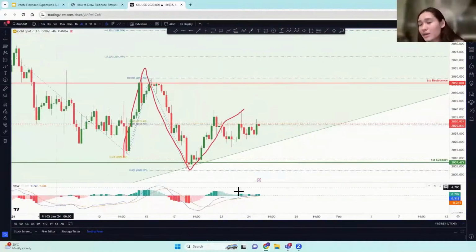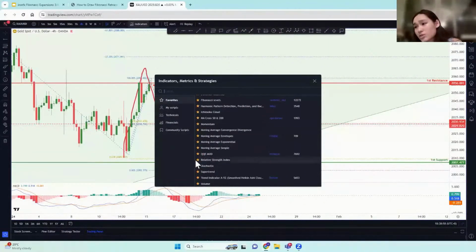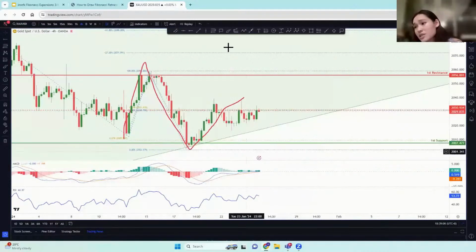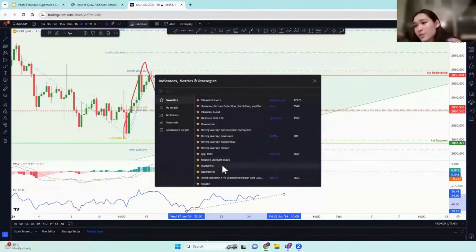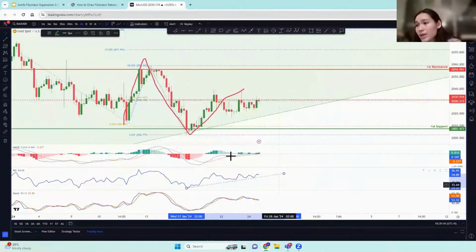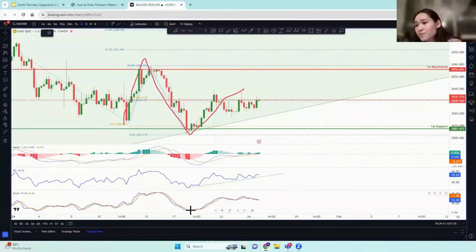And for our MACD, you can see it's giving us a bullish signal. So that's good. And if we look at RSI, price is also moving in an uptrend. So that supports our analysis as well. And on our stochastic, it's also an uptrend.